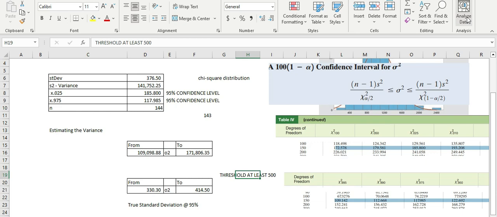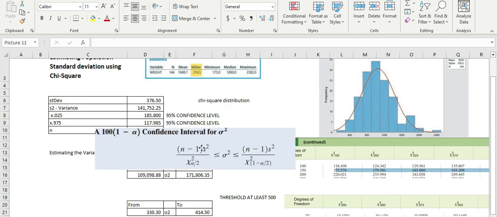This is one of the purposes of finding out the standard deviation or the variance of a study. Now let's get to the explanation of these formulas here.